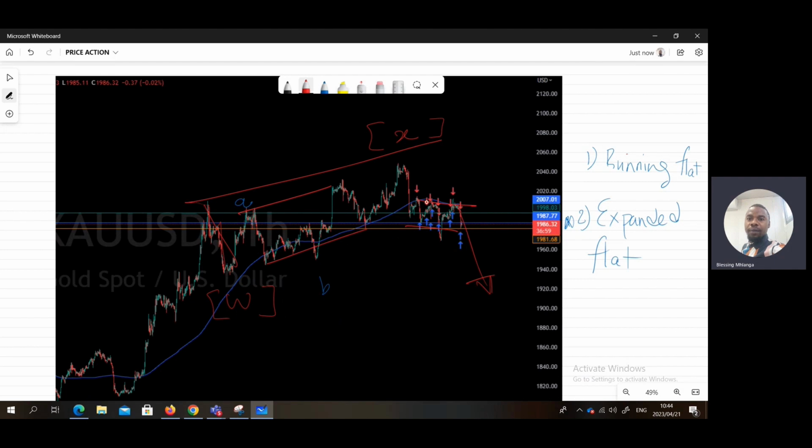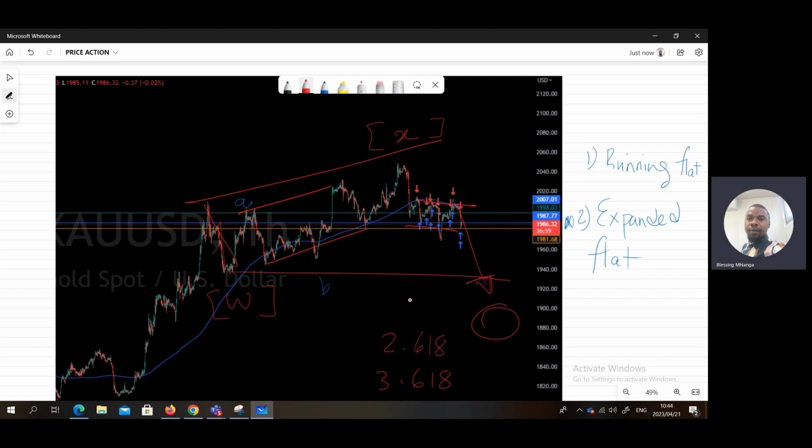But I would expect this to continue coming down, break these lows, and reverse somewhere around these levels at the 2.618 level or the 3.618 Fibonacci extension levels.